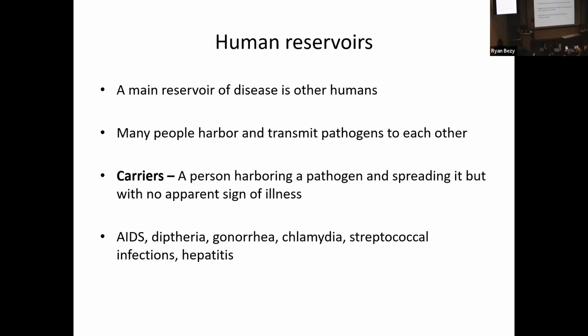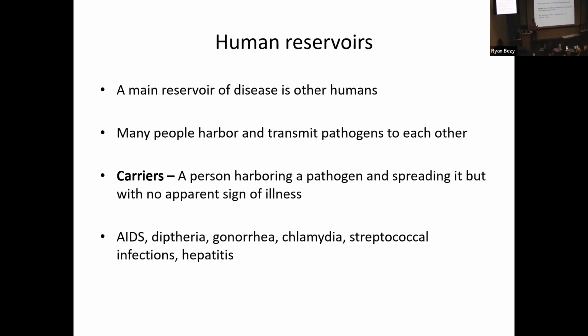So individuals that are completely asymptomatic, that have no noticeable symptoms, can still be spreading diseases such as HIV, which causes AIDS and is sexually transmitted, diphtheria, gonorrhea, chlamydia. Again, those are sexually transmitted diseases, but often someone who is asymptomatic can be spreading them around. Streptococcal infections, strep throat.